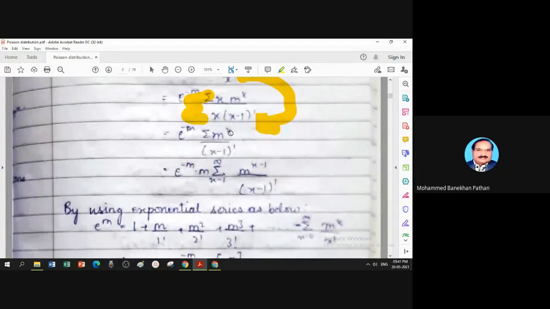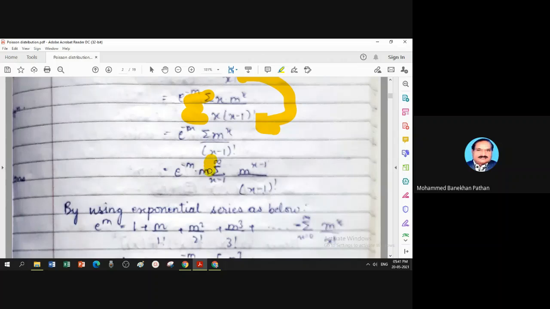I will make x as x minus 1 by multiplying m outside. So this m and this m, the base is common, so you can add the power. So m raised to x will be written as m raised to x minus 1 into m. m is a constant, you can put it out.